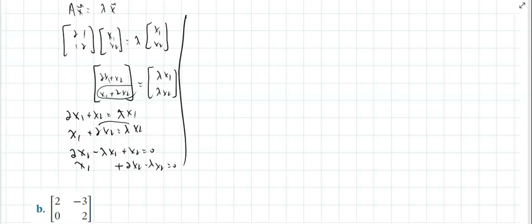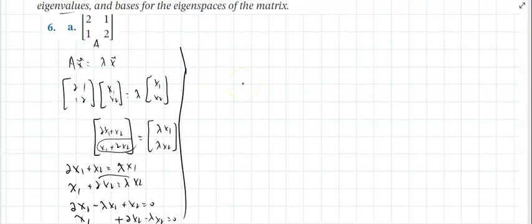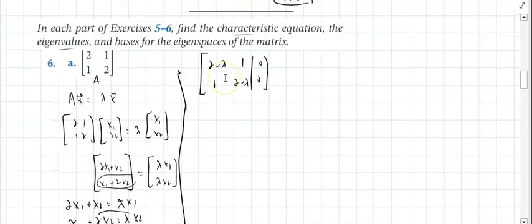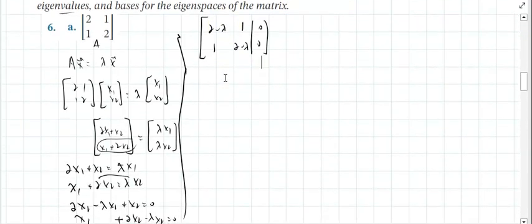Now, if I look at this, can't I say this is 2 minus lambda, 1, 1, 2 minus lambda, 0, 0? And can't I say now, if I take negative 2 minus lambda times row 1 times row 2.